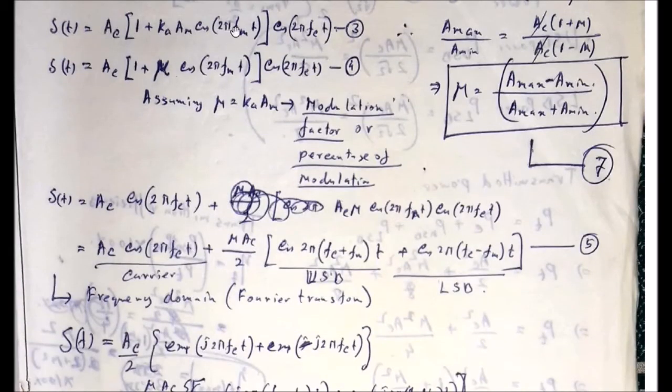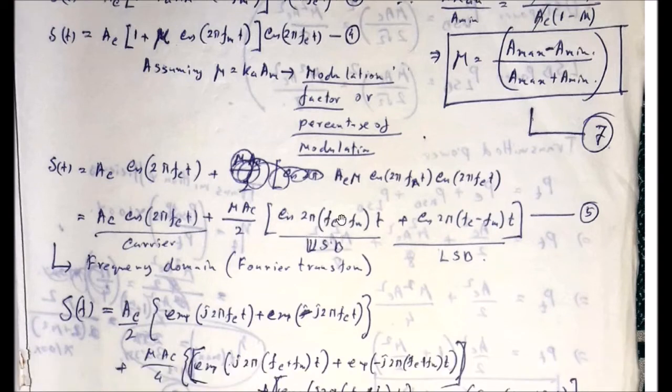Now elaborate this equation number 3. The first term is the unaltered carrier signal, the second term is the multiplication of the message signal and the carrier signal. Actually mu contains the amplitude of the message signal and a constant Ka. Now if you consider it is cos A and it is cos B, then you can expand as cos(A plus B) plus cos(A minus B).